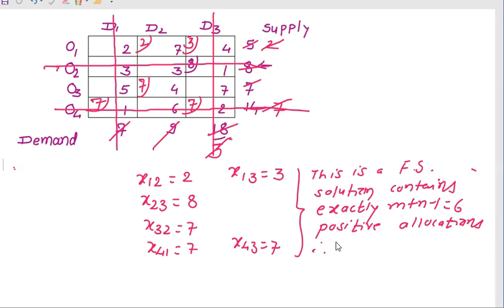So therefore, it is a basic feasible solution. This feasible solution is called a basic feasible solution, and these 6 variables are called basic variables. And the corresponding cells are called basic cells.